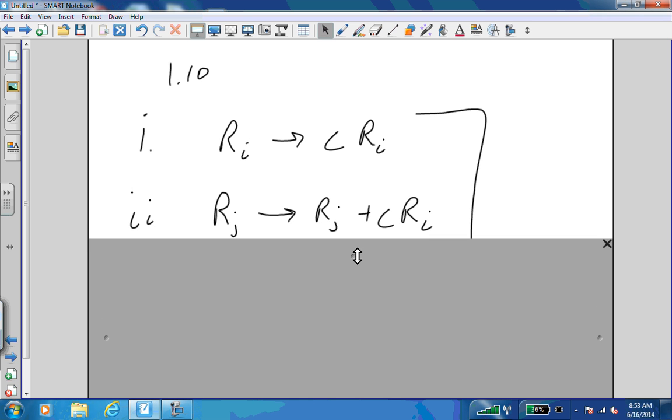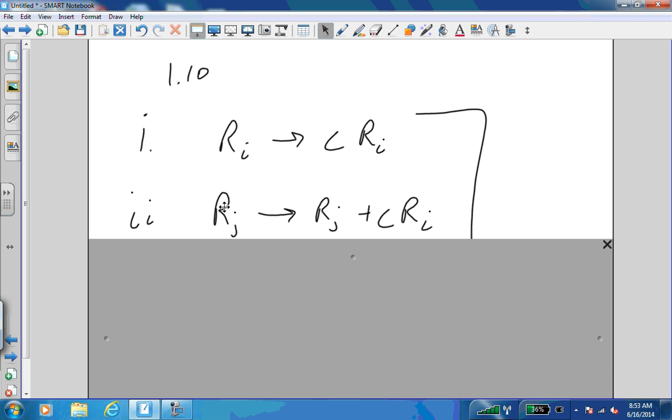Our second operation, if we need to add two rows together, we can create our new row by taking that row and adding or subtracting another row multiplied by some constant.